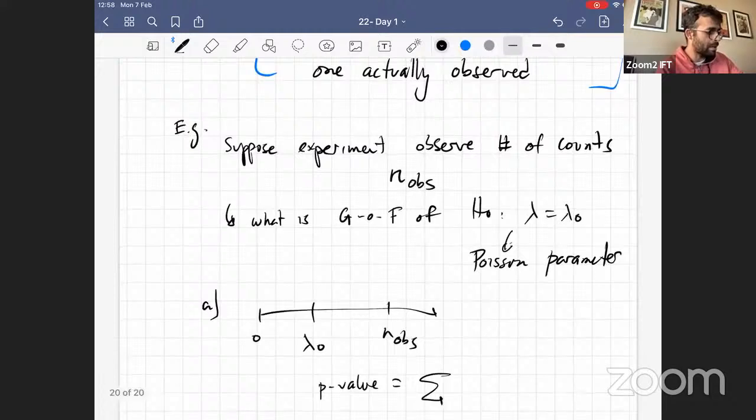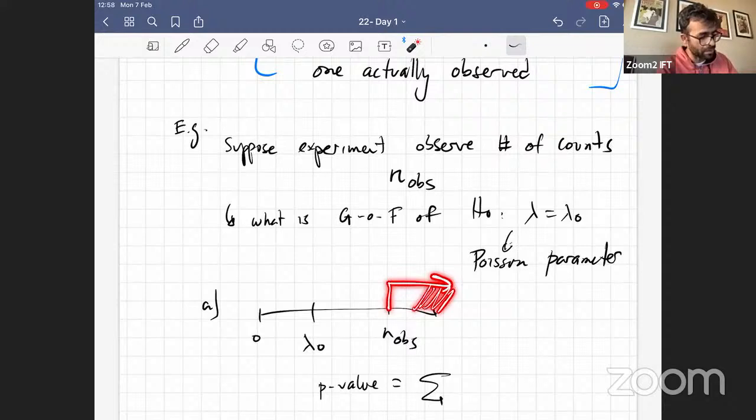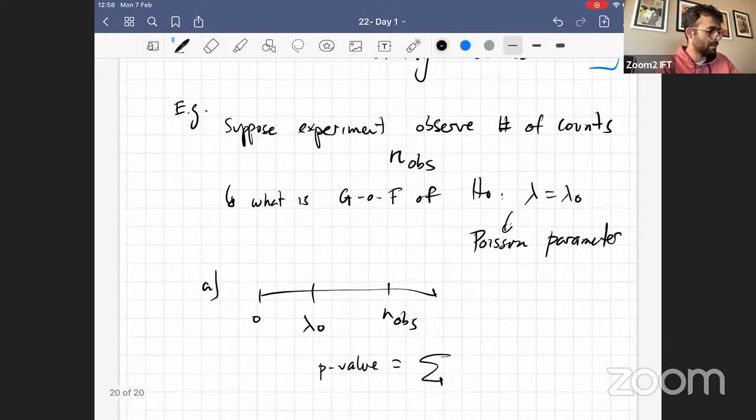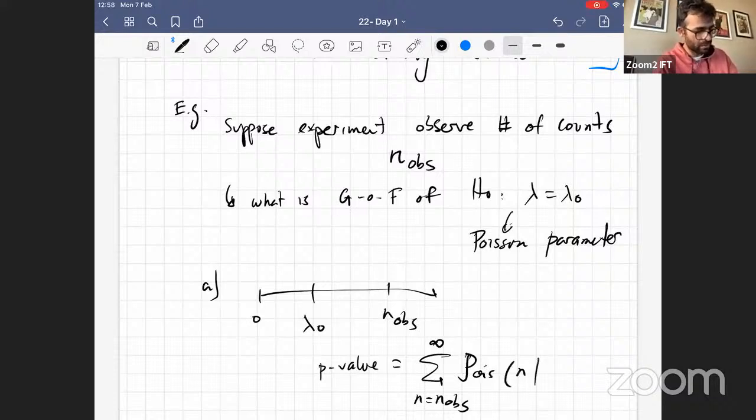Being as compatible or less means going in this direction, because getting farther away from my null hypothesis, I am less and less compatible. So you sum everything to the right of your observation, all the likelihoods of possible values of n given your H0.